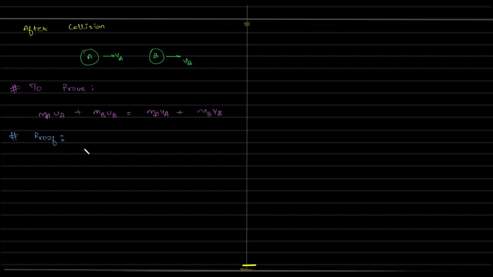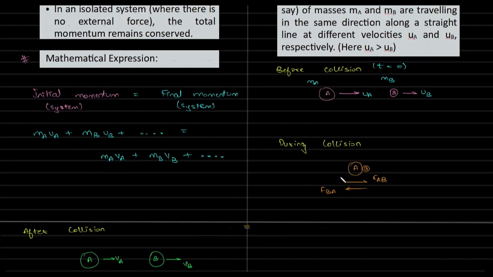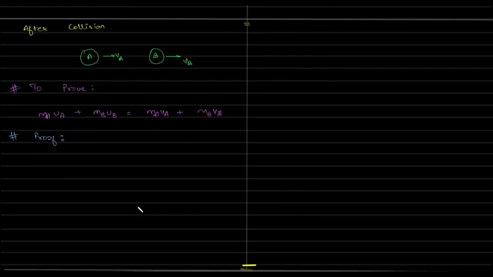So as per the third law, not first law, third law, FAB is equal to FBA in terms of magnitude. As per Newton's third law of motion, we have FAB is equal to minus FBA.